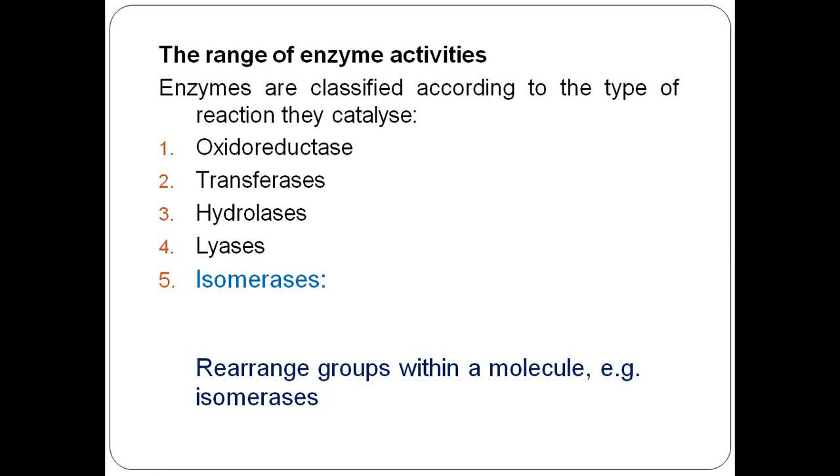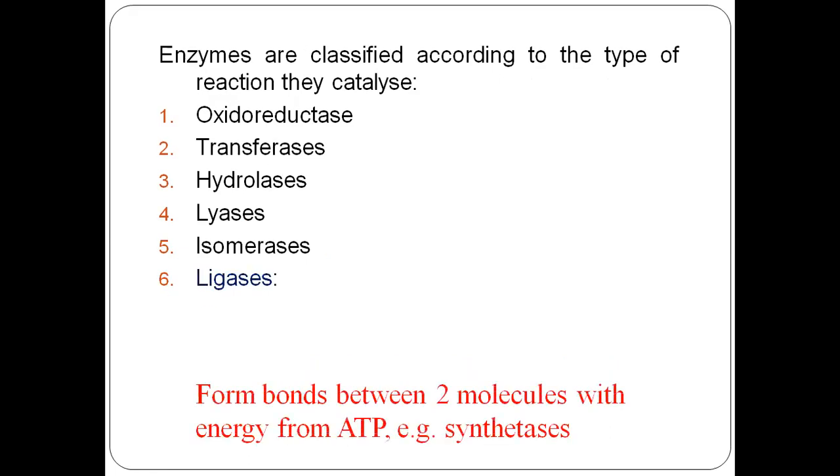Then the next one that we have are the ligases. Ligases are enzymes that bring about joining of two molecules. The energy for this is provided by ATP. For example, polymerases, responsible for linking up polymers of RNA and DNA.